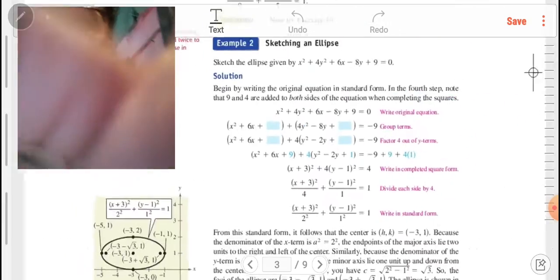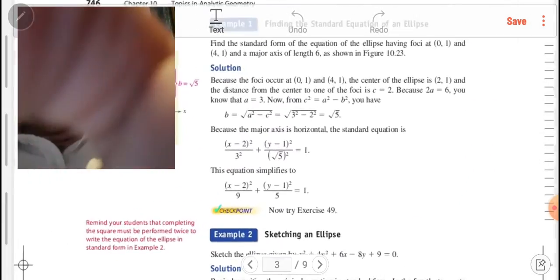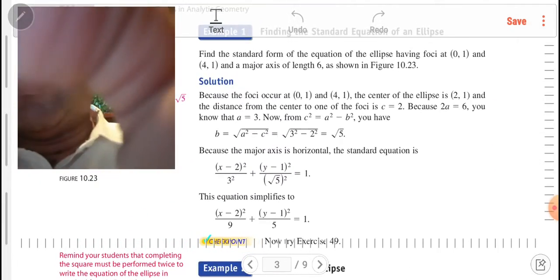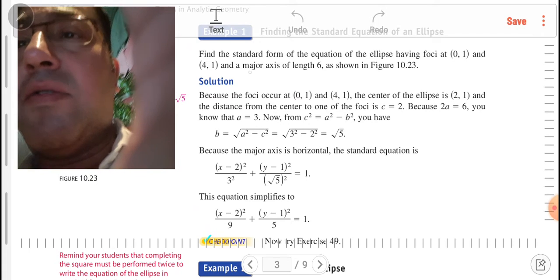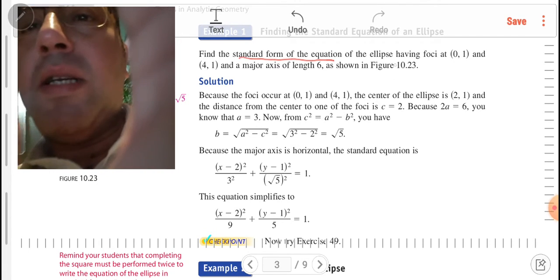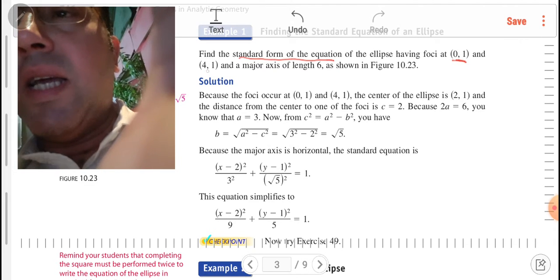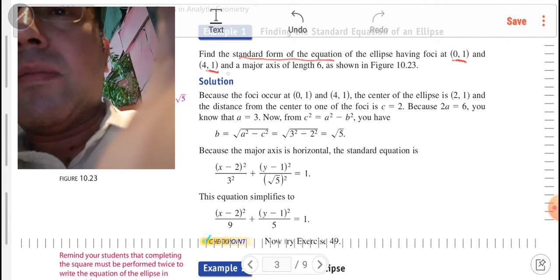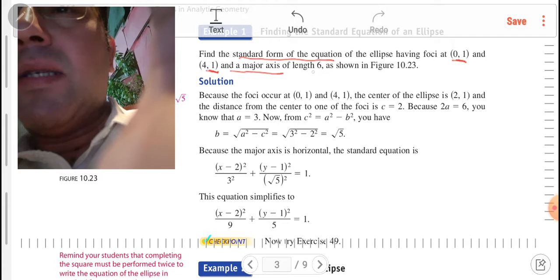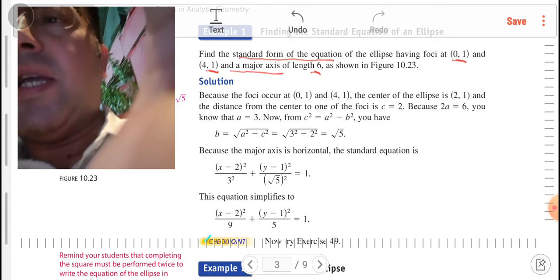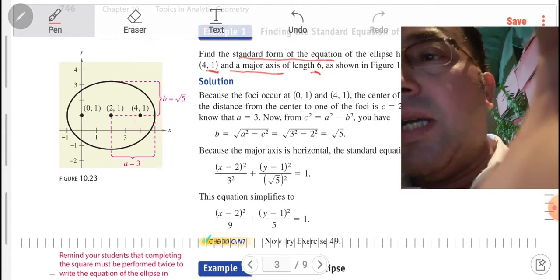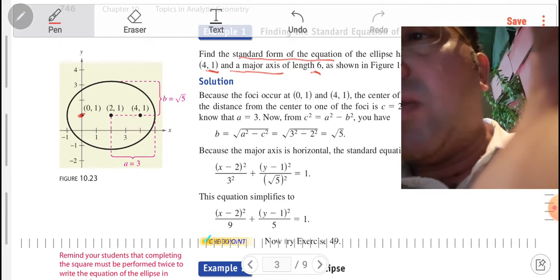Let's see how. Now we want the standard form of an equation of an ellipse having foci (0, 1) and (4, 1), and the major axis length 6. Here are the two foci, (0, 1) and (4, 1).